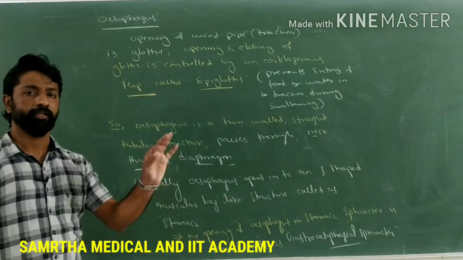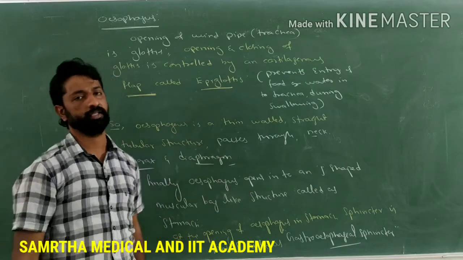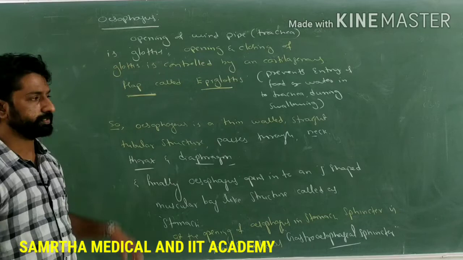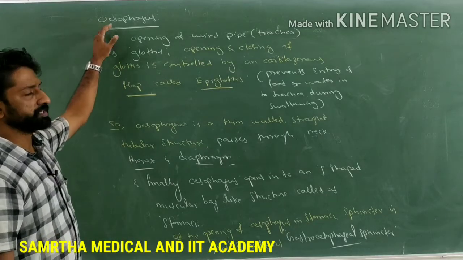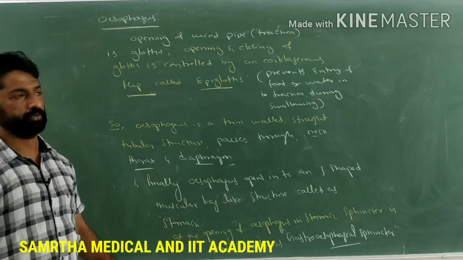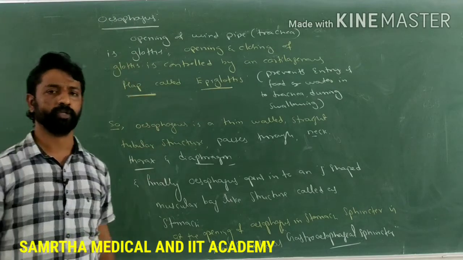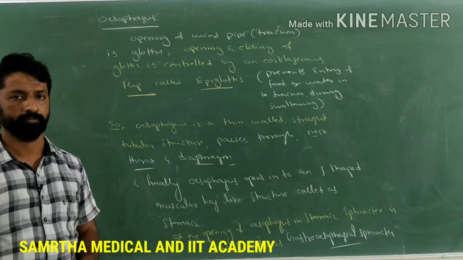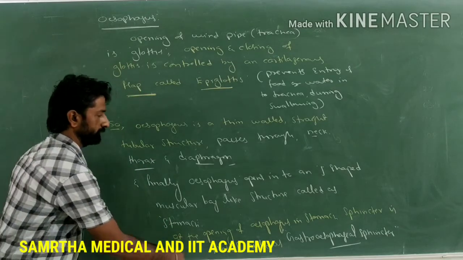They are also very important for the CET or the NEET examination. So this is regarding the esophagus. As the esophagus passes the food from the pharynx into the stomach, it becomes part of the alimentary canal, and it is mainly called a food pipe. So make a note of these points regarding the esophagus now.